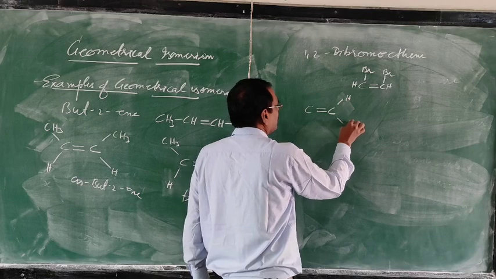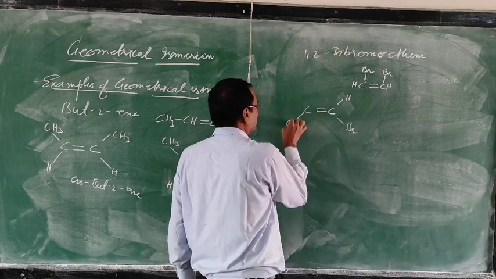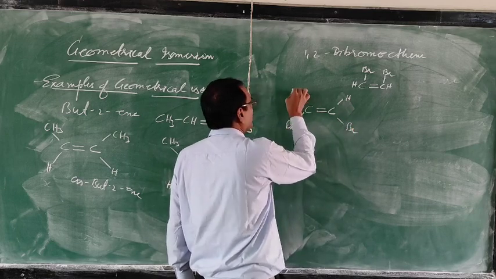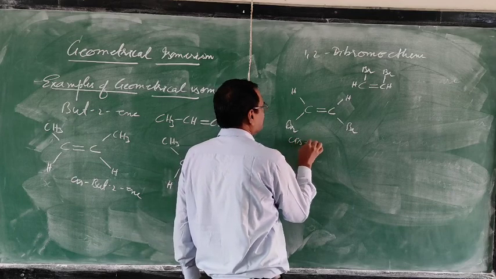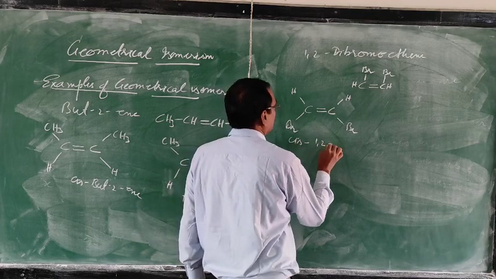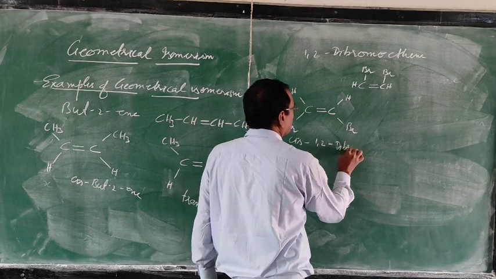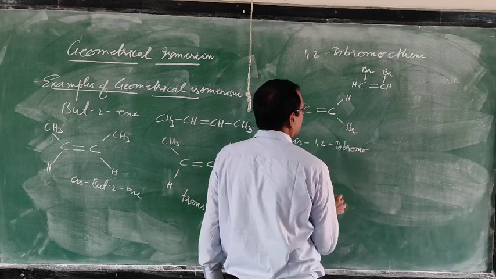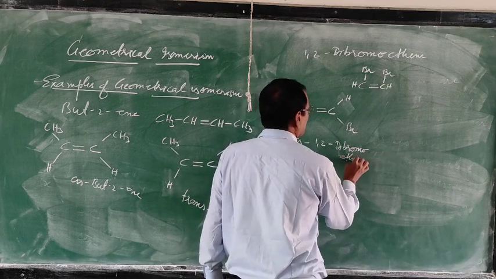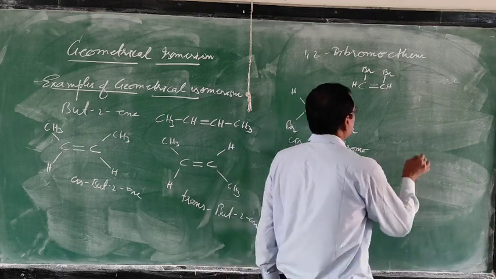H, Br. This one is cis 1,2-dibromoethane.